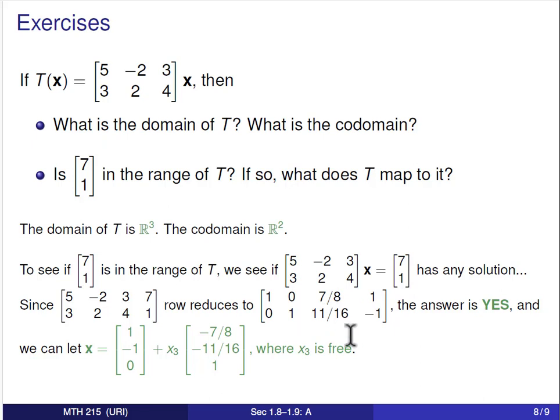And in particular, if we were to take our reduced echelon form and rewrite it in parametric vector form, we know that the solution x would be this (1, -1, 0) plus x3 times (-7/8, -11/16, 1). Remember, the free variable x3 gives you a parameter in the parametric vector form.